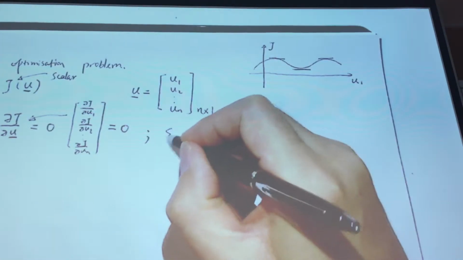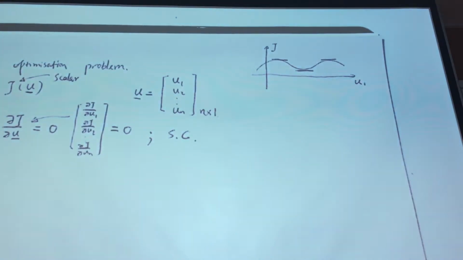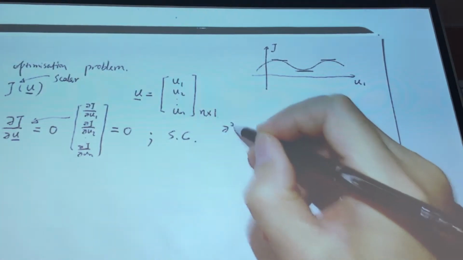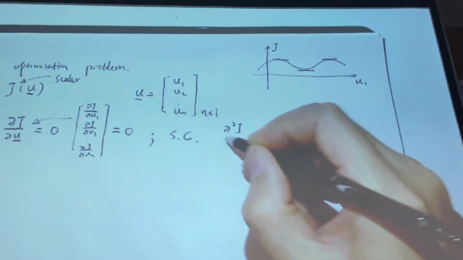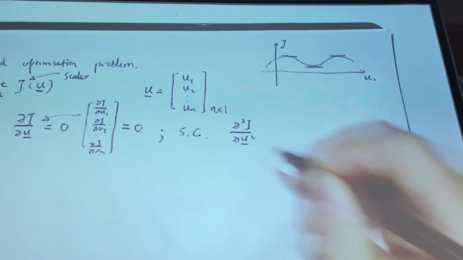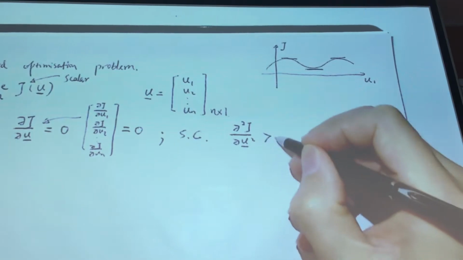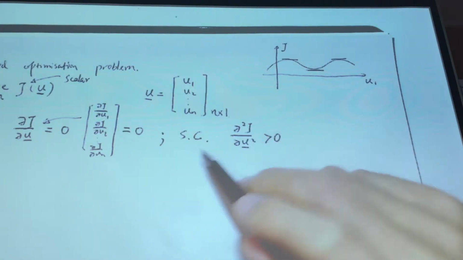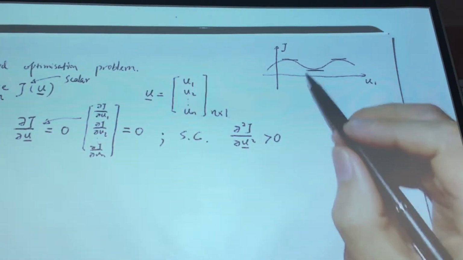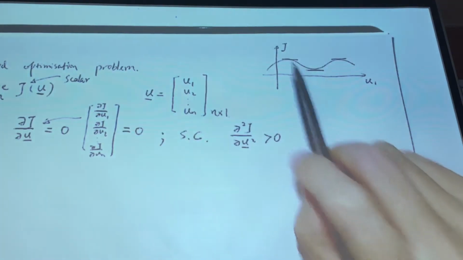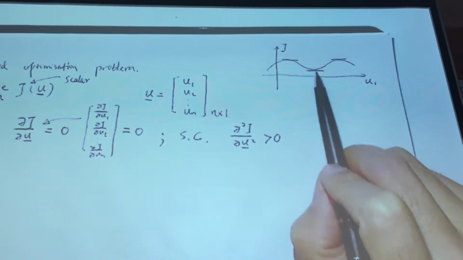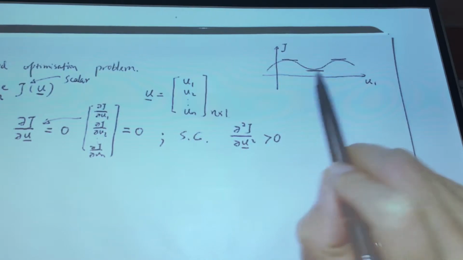The second condition is the sufficient condition. The sufficient condition is given by d squared J over d u squared being positive. The sufficient condition can distinguish whether these solutions are minimizing or maximizing solutions.